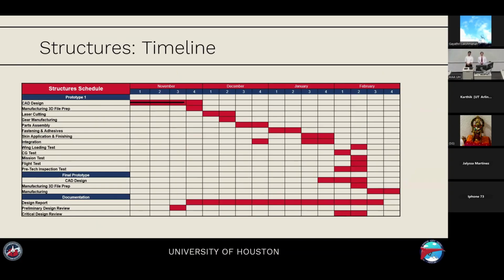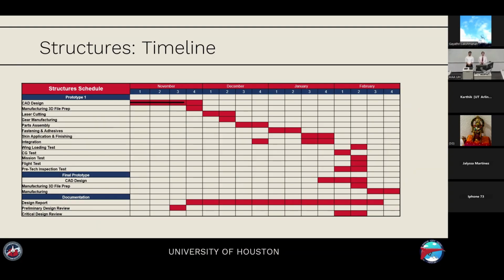For our timeline this year, we are, of course, in the 3rd week of November. By the end of November, we should have finished up our CAD design for our first prototype. And then up until late December and early January, we will have been working on, designed, and created our prototype 1.